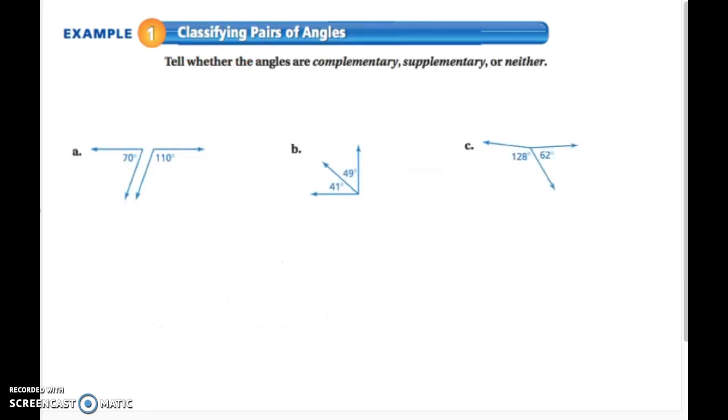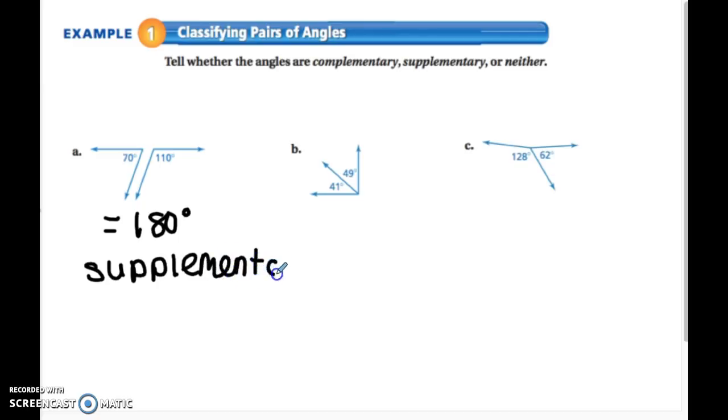So let's tell whether these angles are complementary, supplementary, or neither. So here we have 70 degrees and 110 degrees. When we add them, they equal 180 degrees, which means they are supplementary angles. In B, we have 41 degrees and 49 degrees.